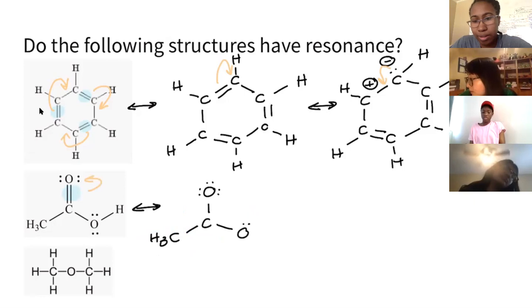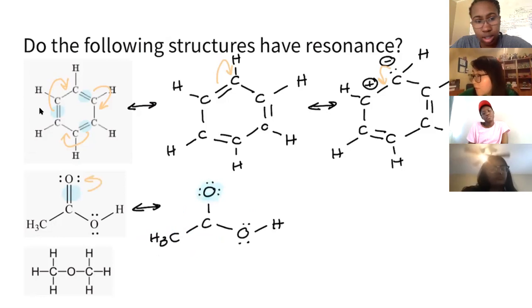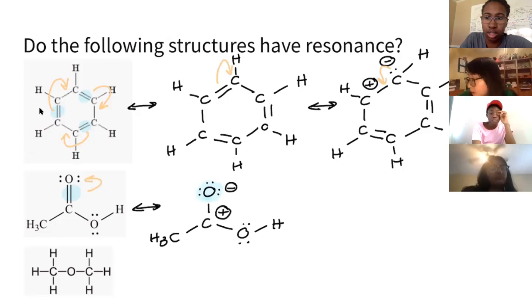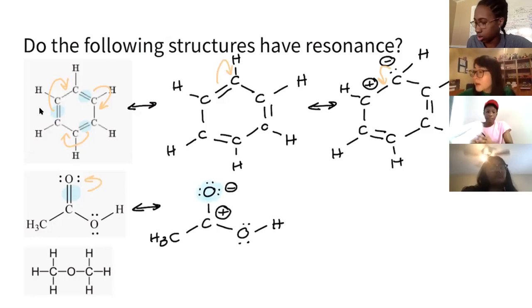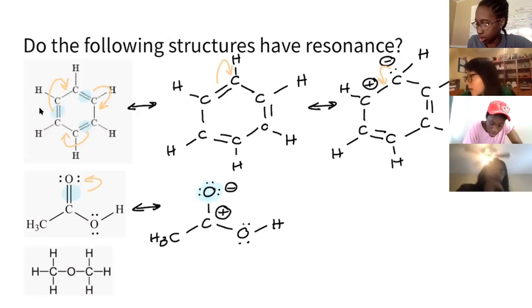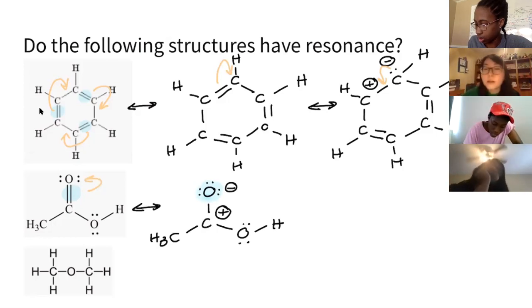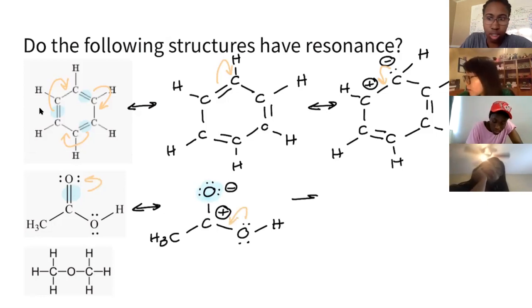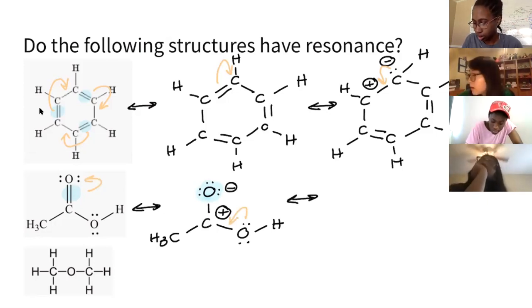Can anyone tell me? This oxygen up here is going to have -1 formal charge. This carbon will now have a +1. And so if we actually looked at this again, we can see that we can make another resonance structure. So take the lone pairs from the other oxygen, put them back on that carbon, and you'll get something like this.